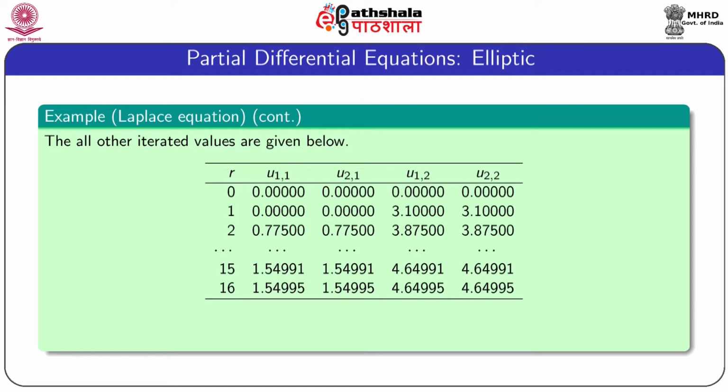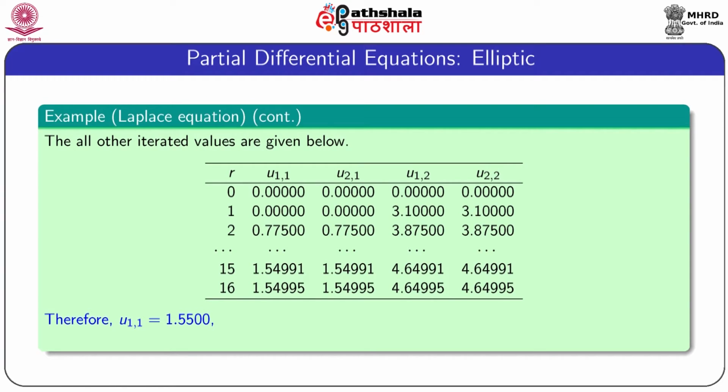Now all other iterated values are given in the following table. The first row, that means when r equal to 0, has the initial values 0, 0, 0, 0. The first iterated values are 0, 0, 3.1 and 3.1, as mentioned in the first slide, and successive iterations are listed according to the formula of the Jacobi's iteration scheme. After the 16th iteration, we obtain the convergent solution for u11, u21, u12 and u22.